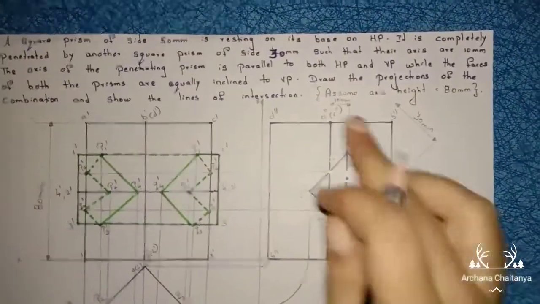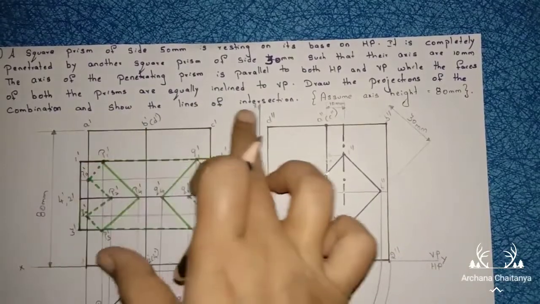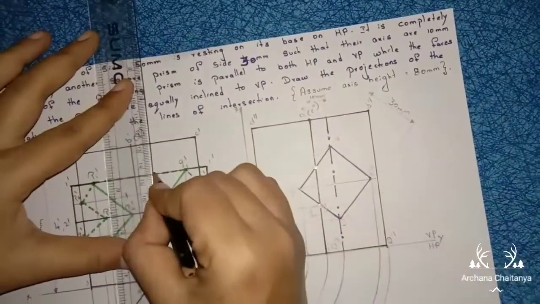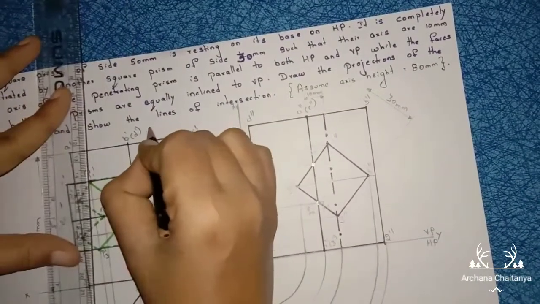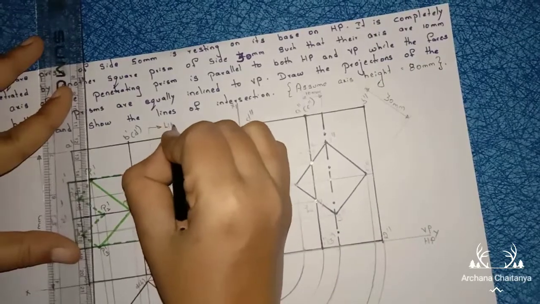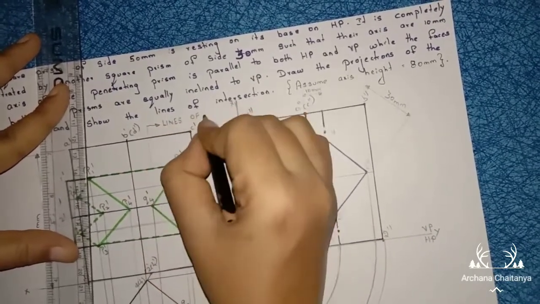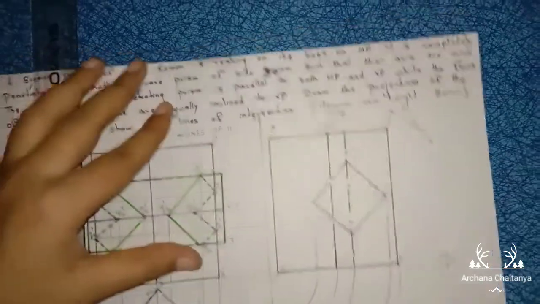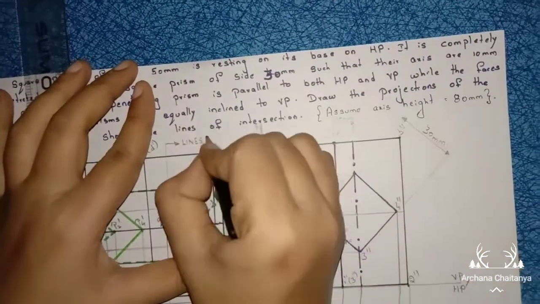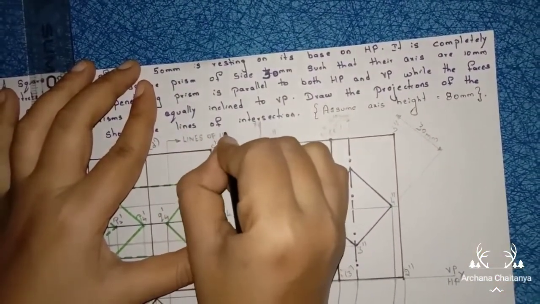And after that they asked draw the projections of the combination. This is the combination and show the lines of intersection. So this is your lines of intersection, write down here, keep an arrow mark and write down here this is lines of intersection.